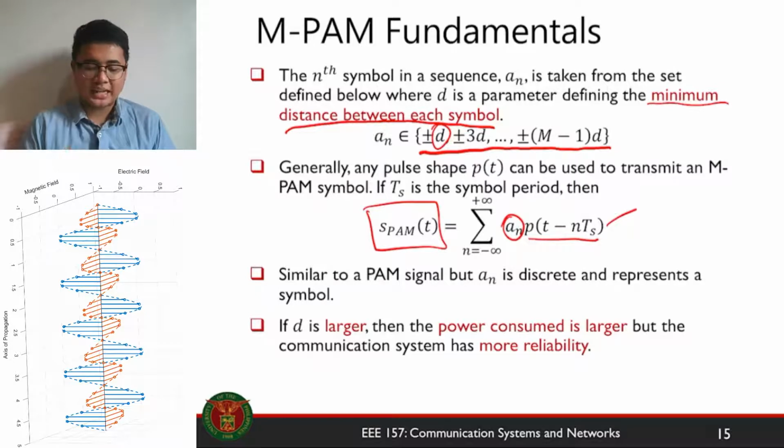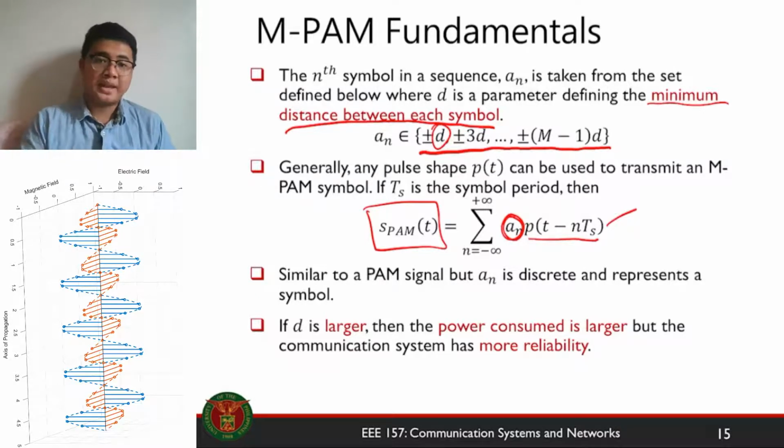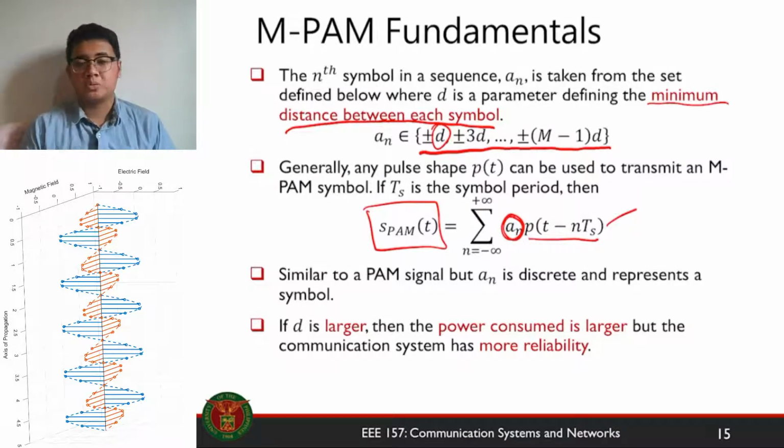So it looks like your sample and hold actually, but here a sub n corresponds to the symbol depending on the bit for your digital modulator. When b is larger, the power consumed is actually larger, but your system has more reliability. We talked about this briefly in the previous part of the lecture. We'll talk about this in more detail at the last part of this lecture, the fourth part.